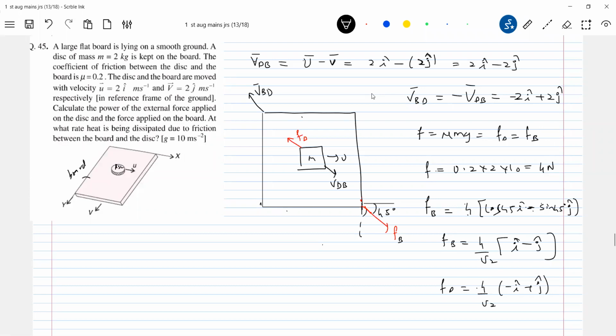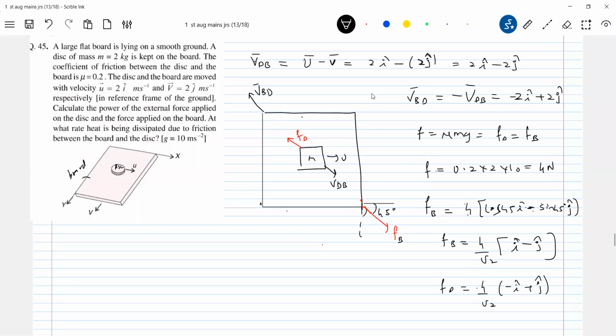Now power, let's come to this. There's a basic thing. Calculate the power of external force applied on the disk and the force applied on the board. And next, at what rate is heat being dissipated due to friction between the board and the disk. So there are two things here.